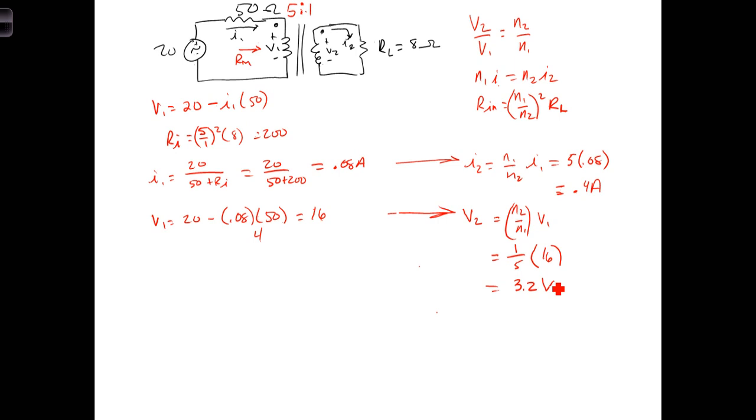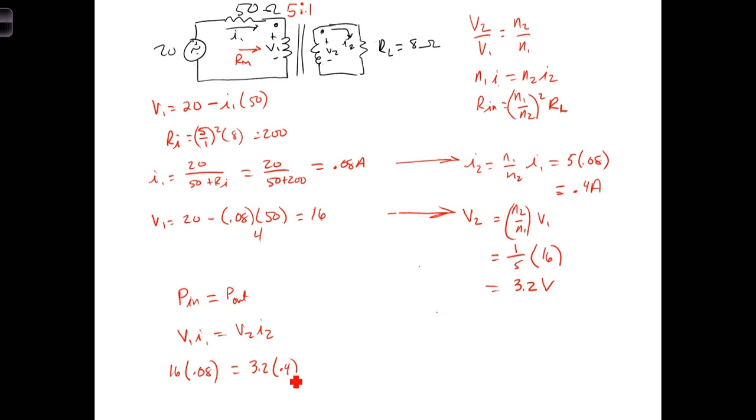Let's just show now that the power into the transformer has got to equal the power out of the transformer, or V1 I1 has got to equal V2 I2. Well, V1 we found to be 16 volts times I1, which was 0.08 amps. That's got to equal, on the other side, V2, which is 3.2 volts, times I2, which we found to be 0.4.